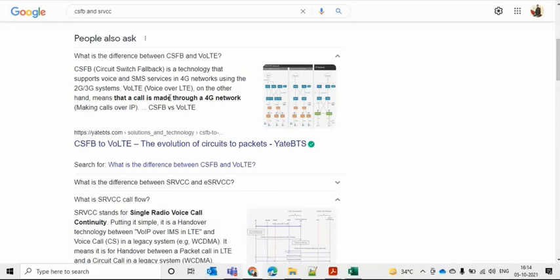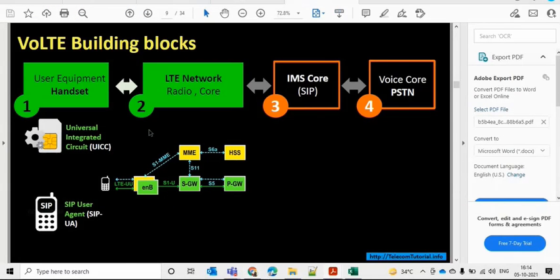For example, I'm in a hilly area on mountains where Airtel does not have any network, but it has roaming ICR sharing with Jio or BSNL, then fallback will go to Jio, whatever spectrum is shared by the other operator.